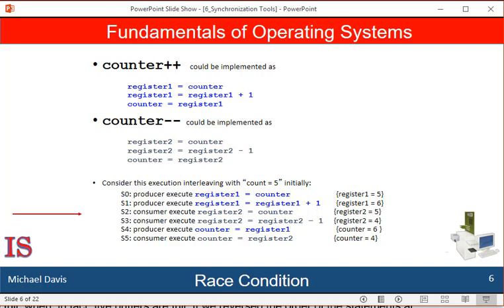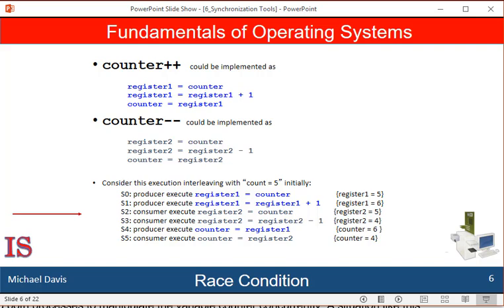We would arrive at this incorrect state because we allowed both processes to manipulate the counter concurrently. A situation like this, where several processes access and manipulate the same data concurrently, and the outcome of the execution depends on the order in which that access takes place, is called a race condition.